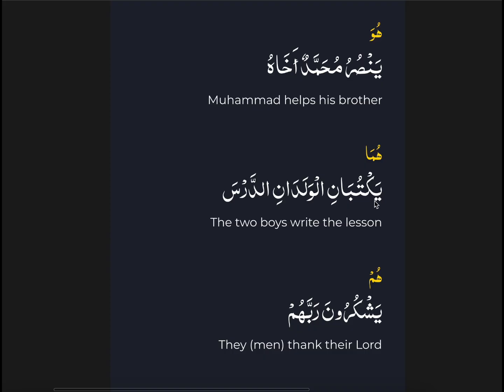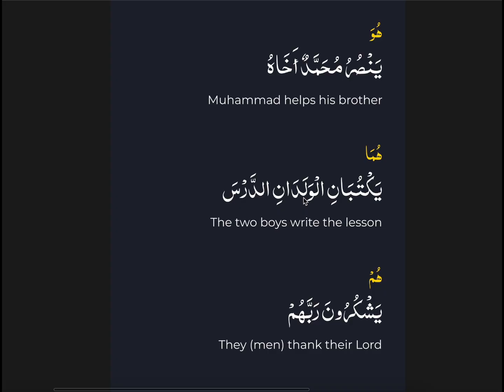Kataba means he wrote. The present version is yaktubu, meaning huwa. The present huwa version is yaktubu, but the huma version is yaktubani, right? So yaktubani means both of them write. Al-waladani, this is rafa.